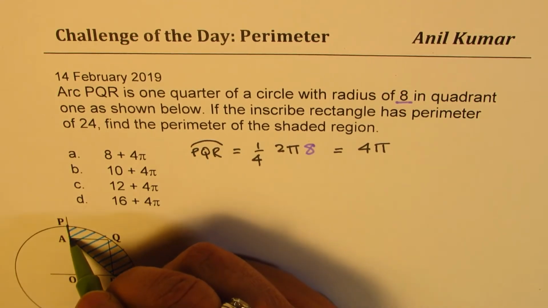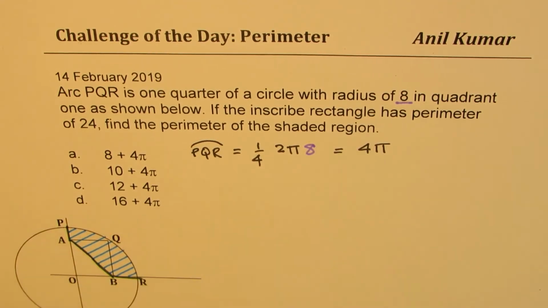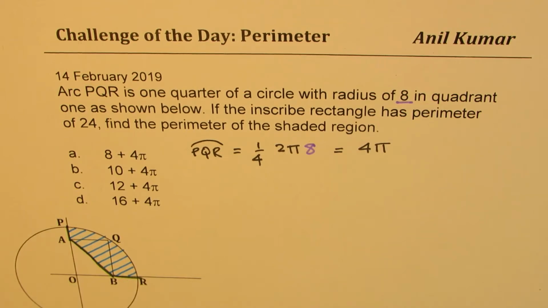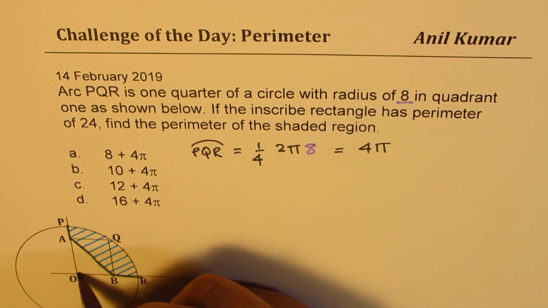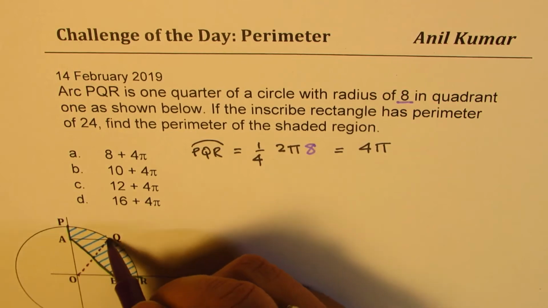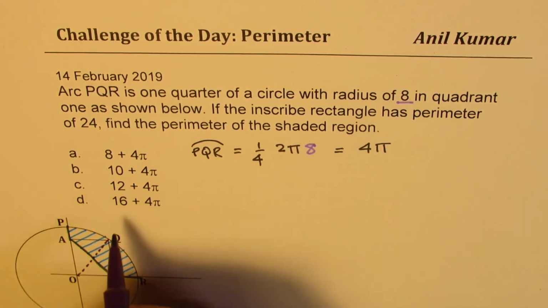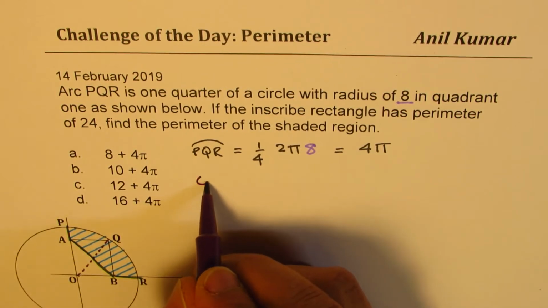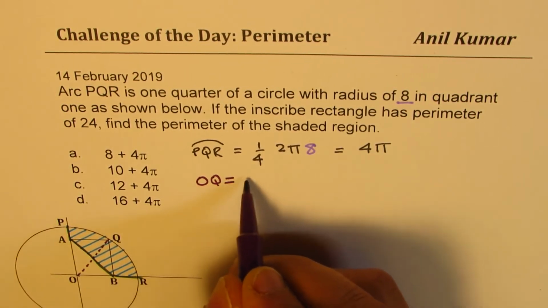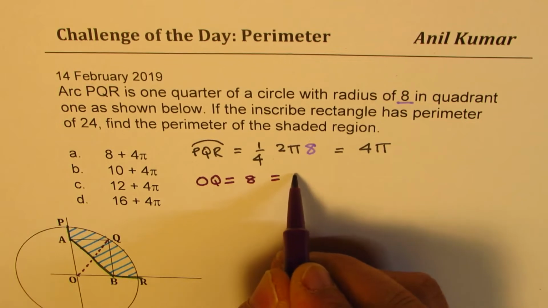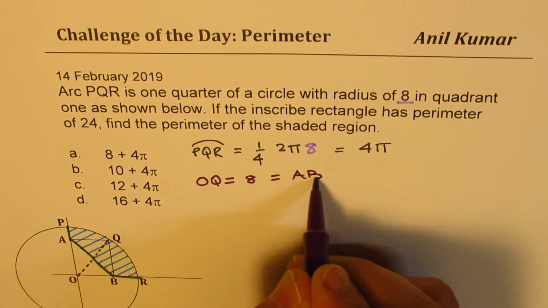Perfect. Now we have to look into the perimeter, which is bounded by the axis part and the diagonal of this rectangle, right? How can you find that? Well, as far as the diagonal is concerned, you can notice that we have this radius which is 8, right? So we know that OQ equals 8, and that is also equal to AB.